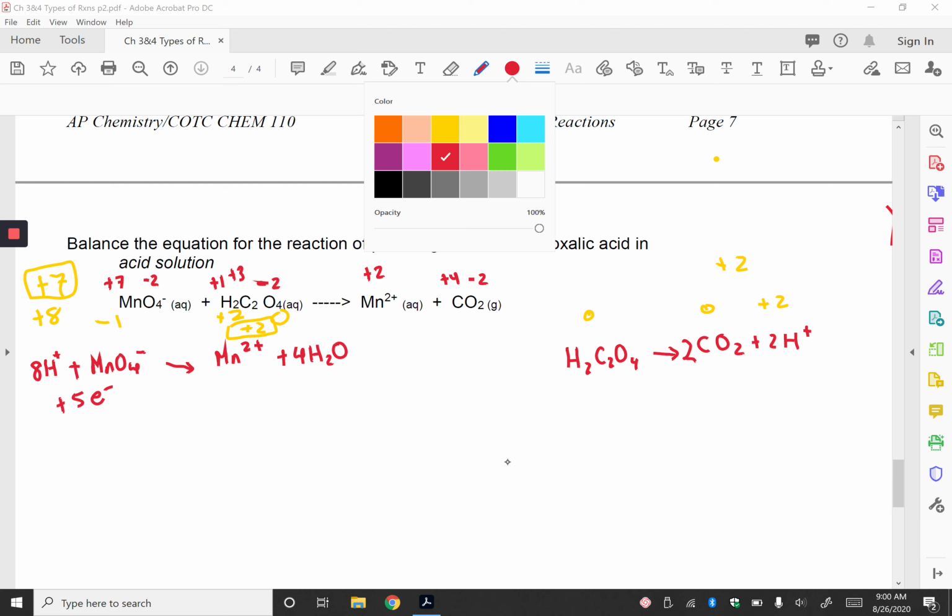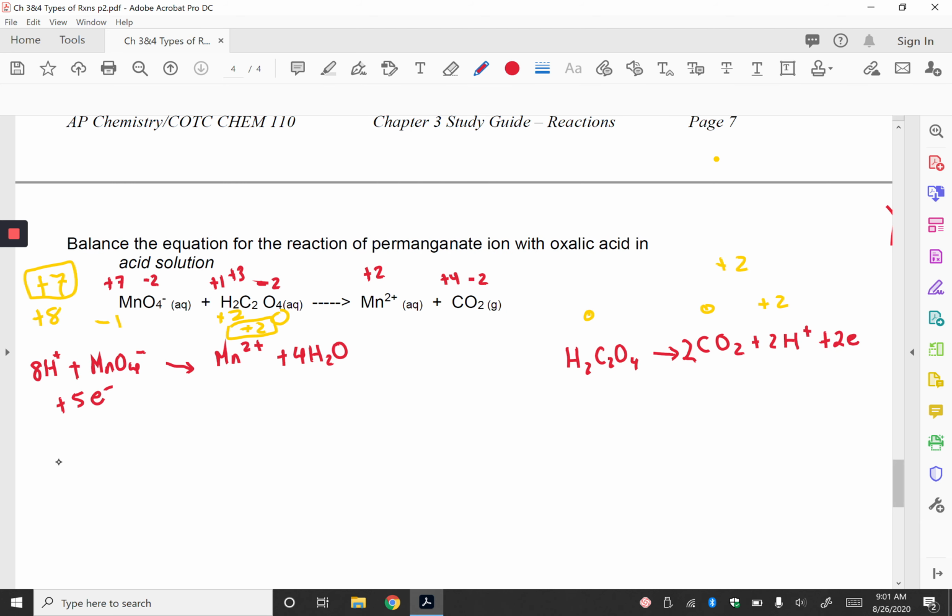So I add my electrons on this side. How many electrons do I need to add to the +2 to make it equal to 0? I need to add 2 electrons. If you do this correctly, on one side you add the electrons to the reactants, on the other side you add the electrons to the products, because one of them is losing the electrons, the other one gains the electrons.